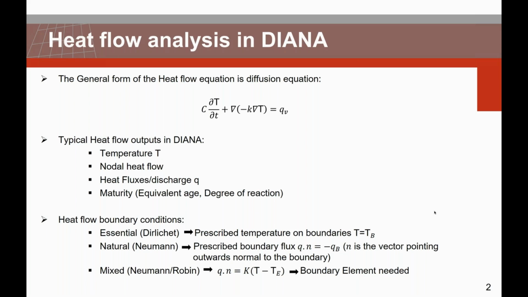The general form of the heat flow equation is a diffusion equation where C is the capacity, K conductivity, and Q the rate of energy due to a source sink. For a steady state analysis, which will be our focus today, this equation can be simplified since we do not consider the time-dependent part.